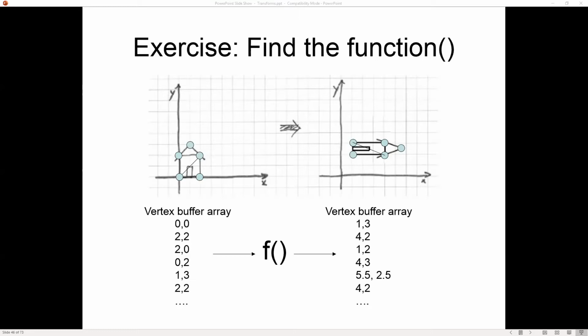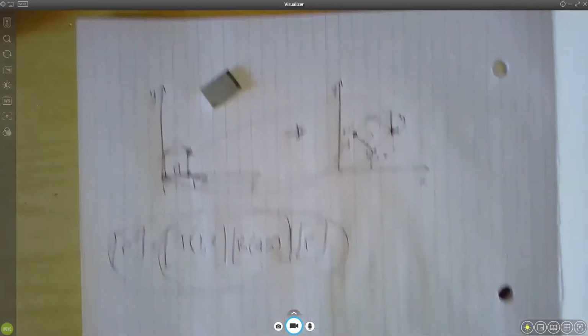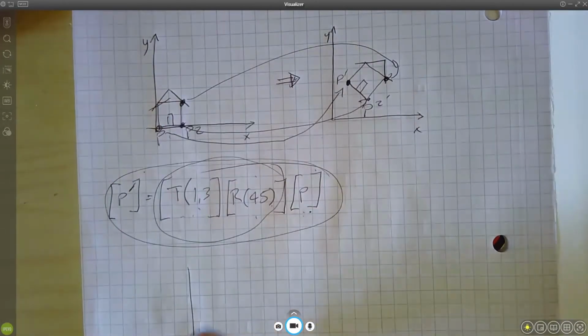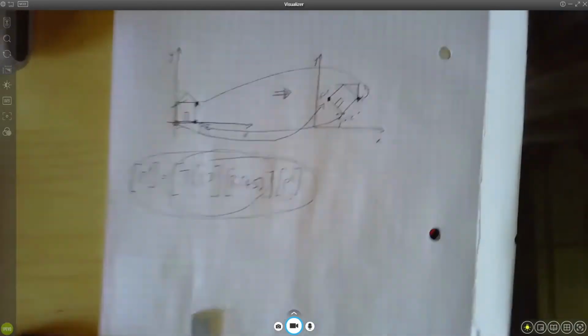Let me go back to the camera for a minute, because I see that people are still a little bit confused by what's going on here. Okay, so here's our starting position of our house.